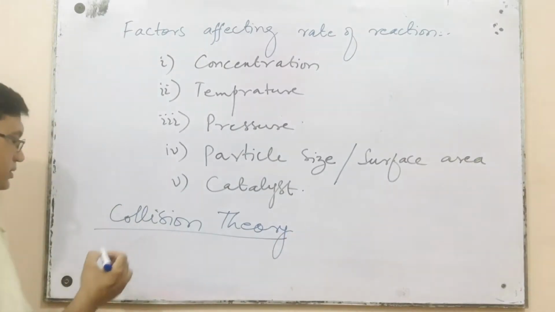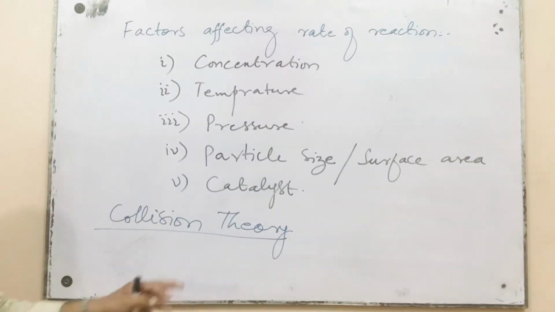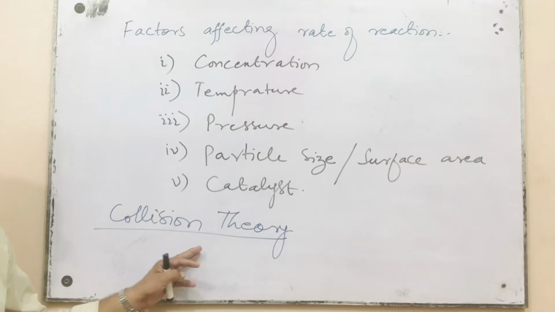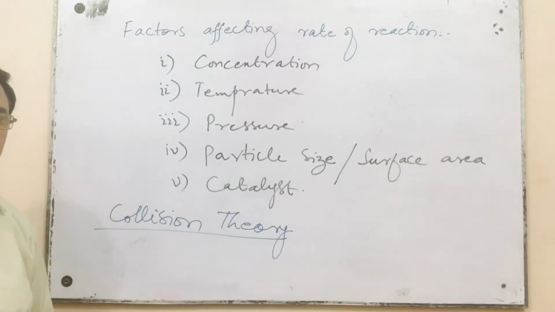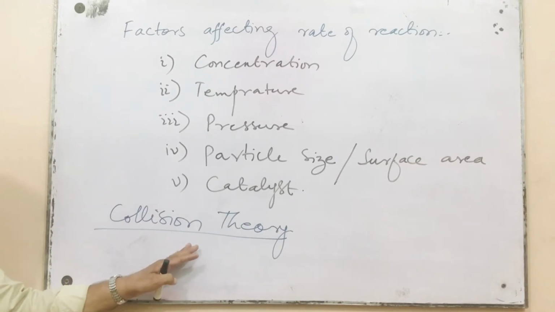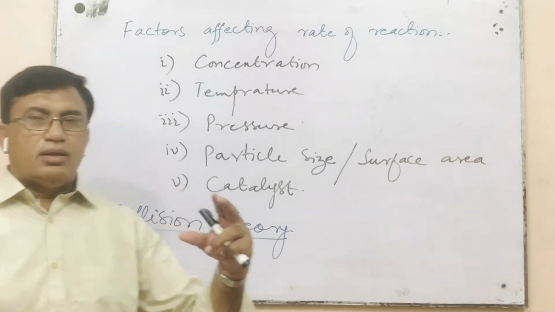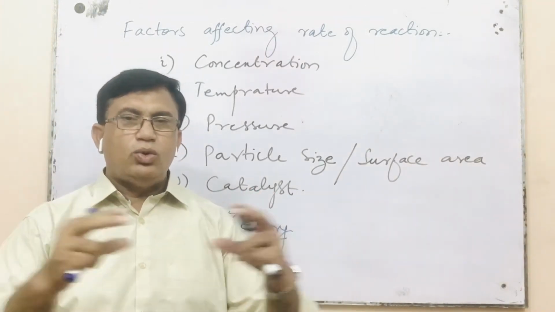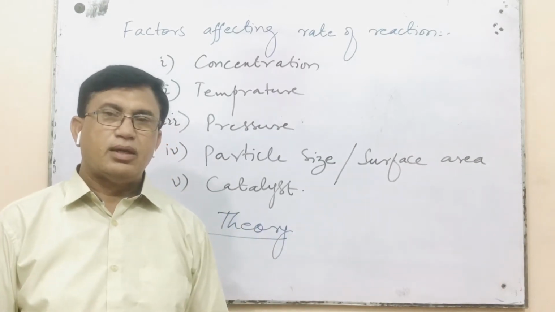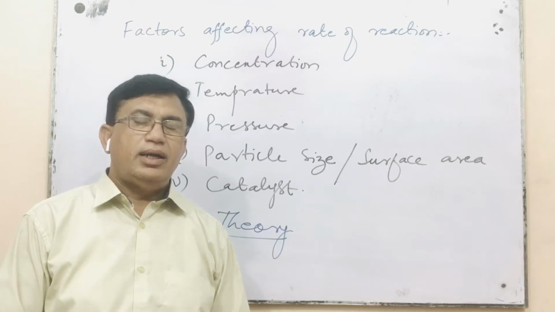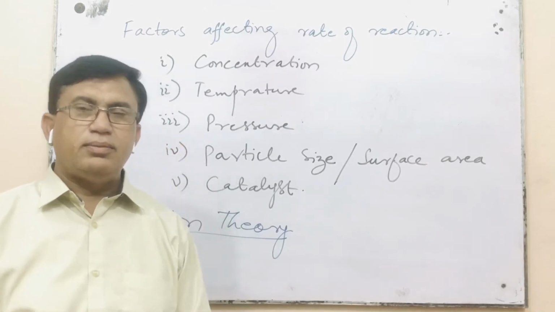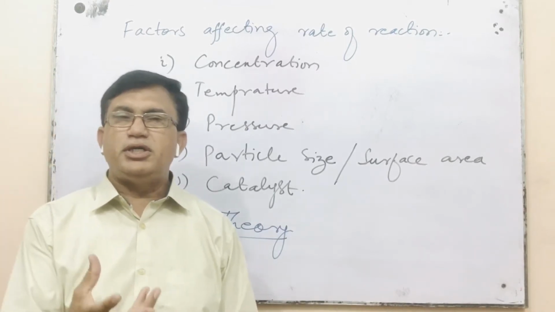What is the meaning of this collision theory? Whenever a chemical reaction takes place, the reactant molecules or particles collide with one another, and as a result of their collision, energy is produced.